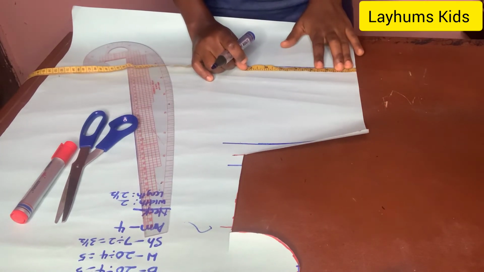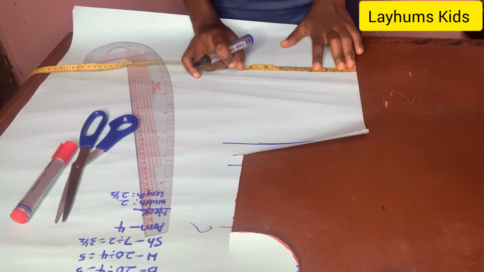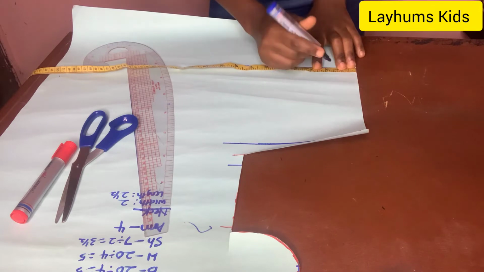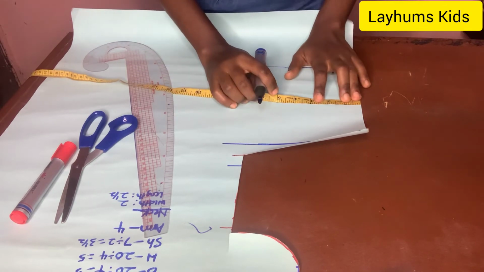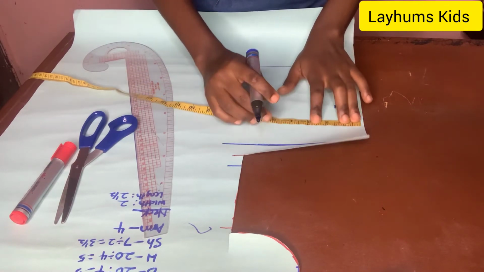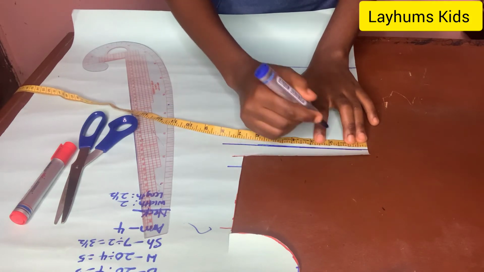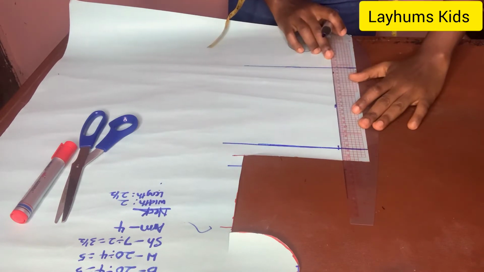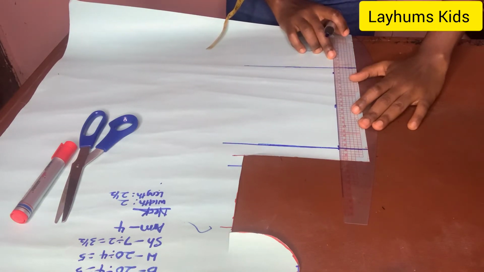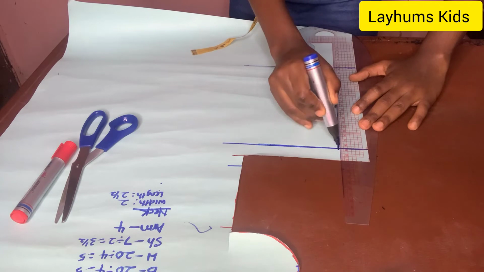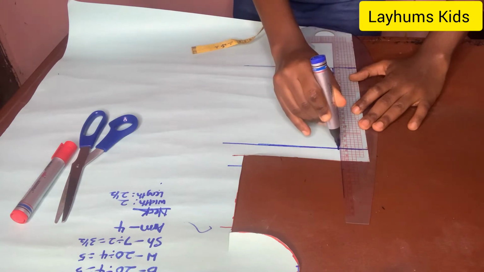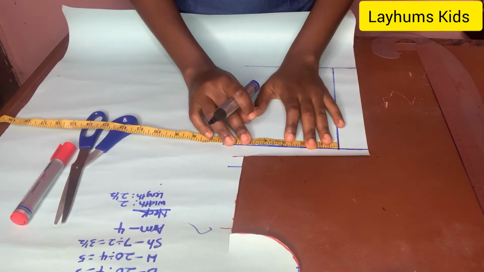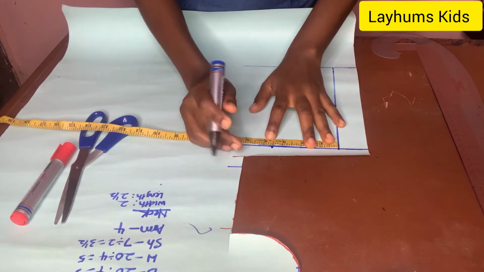I'll mark 1.5 inches for zip allowance from this point, marked at intervals. Then after which I will mark my shoulder 3.5.